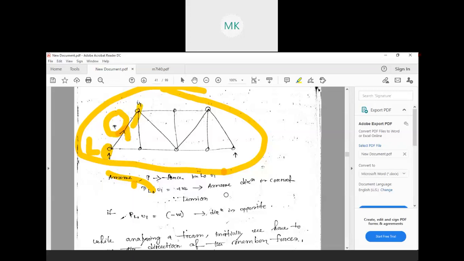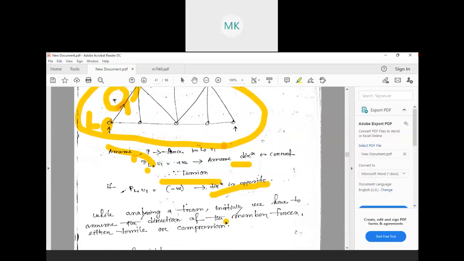If we assume P in E1 as positive and the direction is correct, then we can say this load is tension as it is going outside. If the direction is wrong, if the value comes out negative, then we can say that it will be a compressive load.